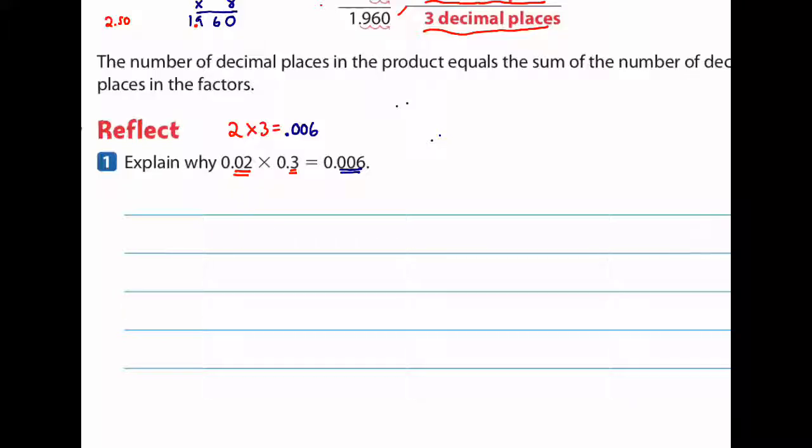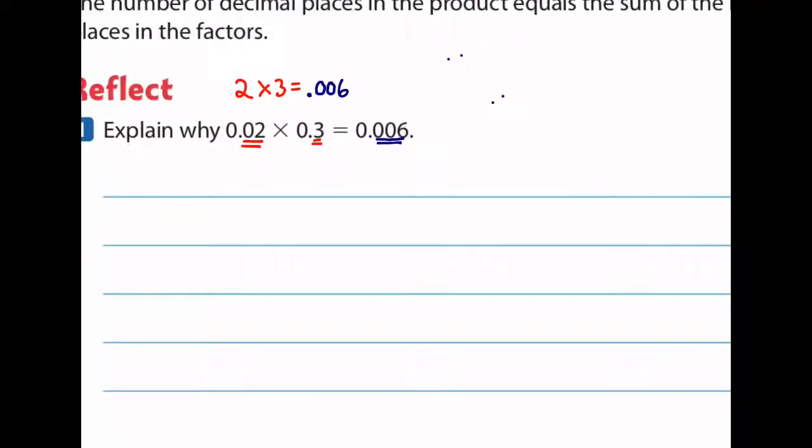Okay, so let's see what you came up with for your reflection. I'm going to explain why. I'm going to say, I know tenths times hundredths equals thousandths. Remember we talked about that earlier?